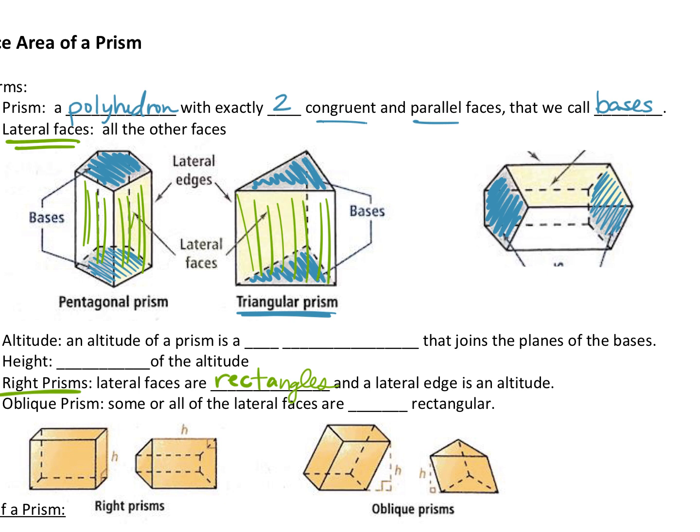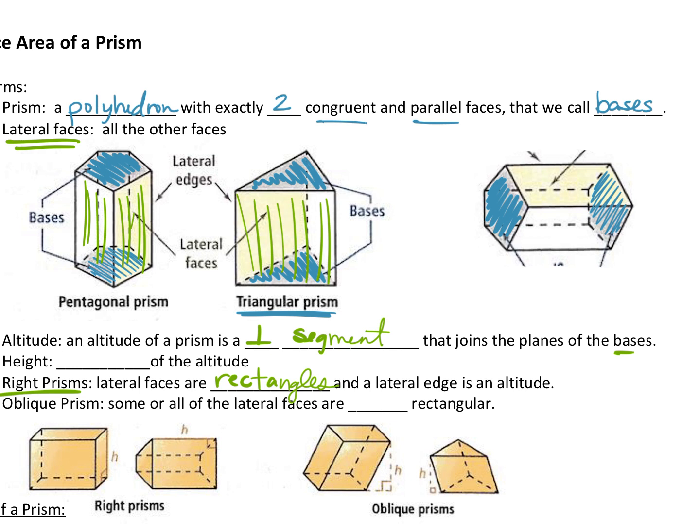When you hear the word altitude, what do you think? Height. So altitude and height are essentially the same thing. An altitude of a prism is a perpendicular segment that joins the planes of the bases. So if you're connecting your two bases perpendicularly, that's an altitude.